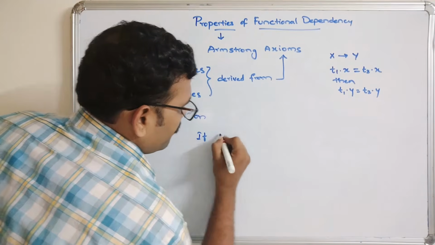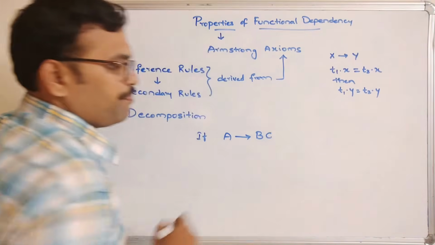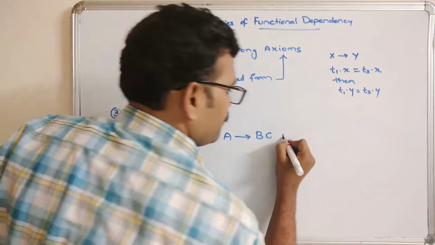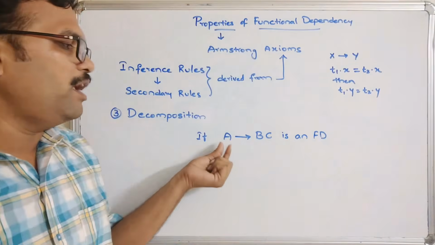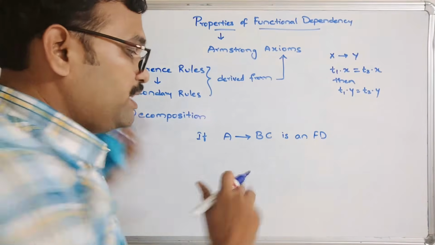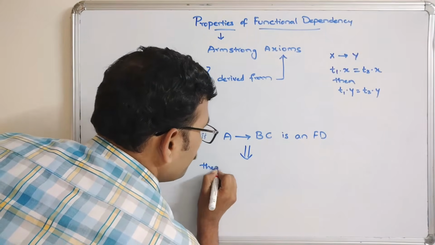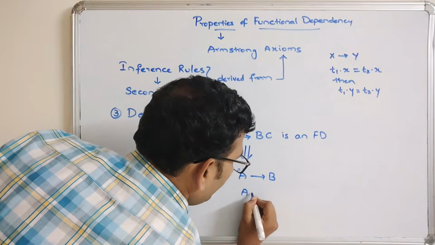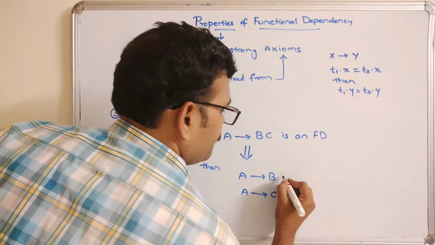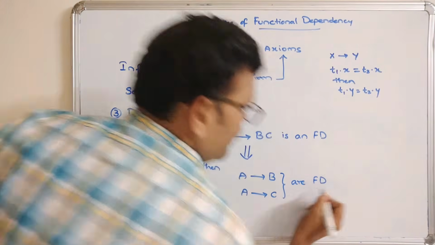If A tends to BC is a functional dependency, that means if you know A, we can get B and C. So this can be divided into A tends to B and A tends to C, so both are functionally dependent.